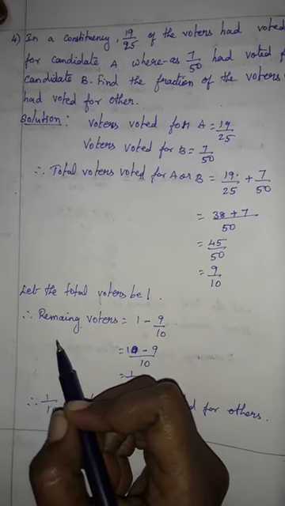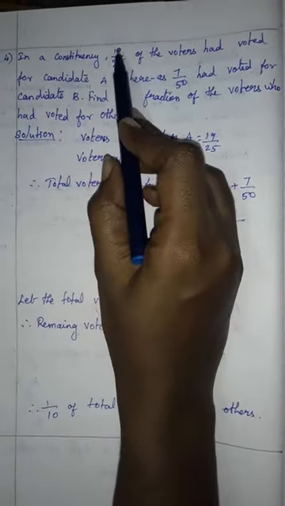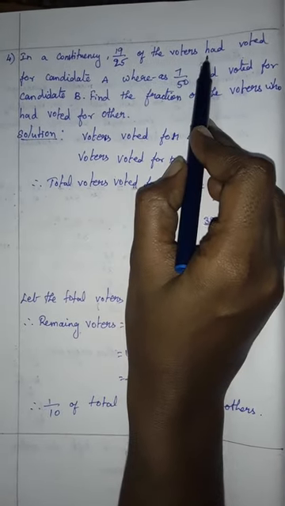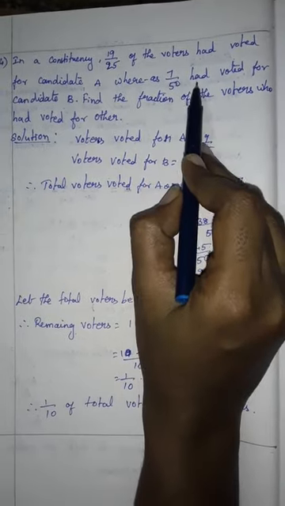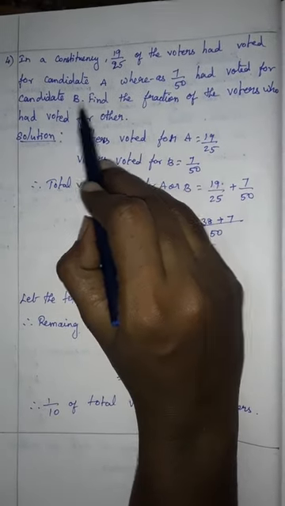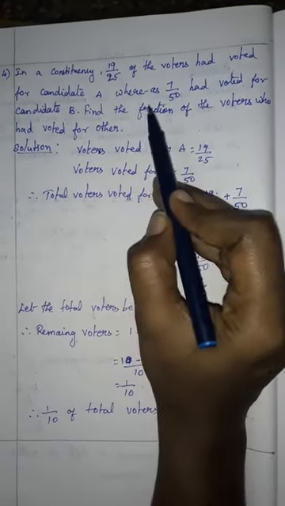In the same model, we are going to see one more sum. In a constituency, 19 by 25 of the voters had voted for candidate A, whereas 7 by 50 had voted for candidate B. Find the fraction of the voters who had voted for others.